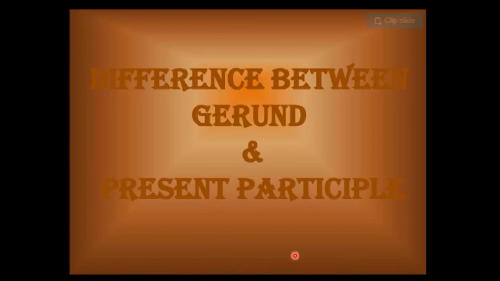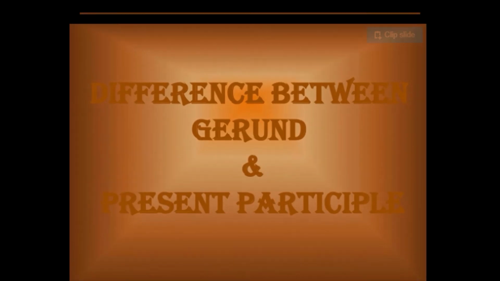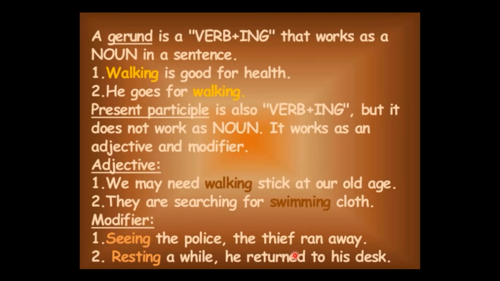So now let's see, there is always a confusion between gerund and participle, because the word is the same, but its functions make it different parts of speech. For example, a verb which ends in ing sometimes works as a gerund and sometimes is called a present participle.